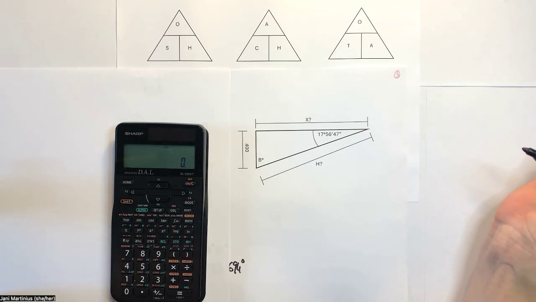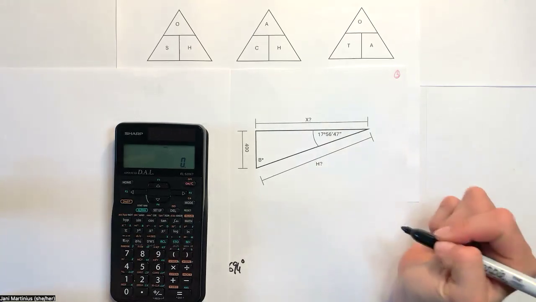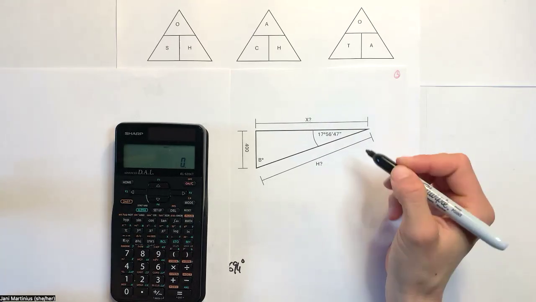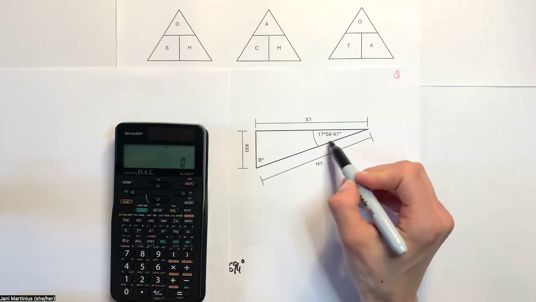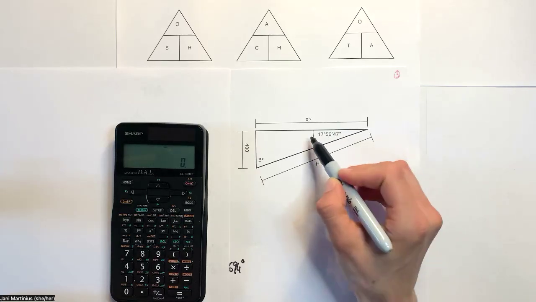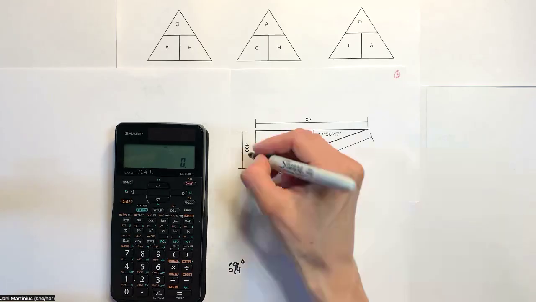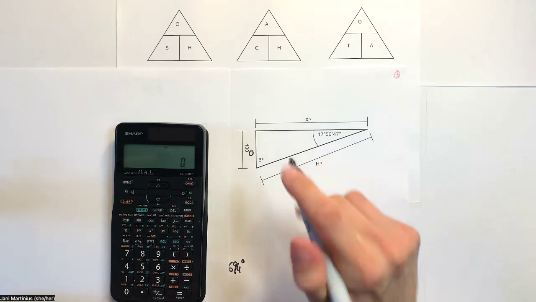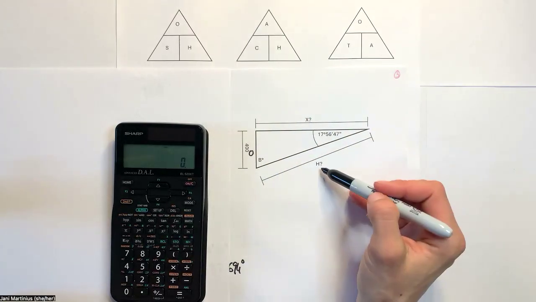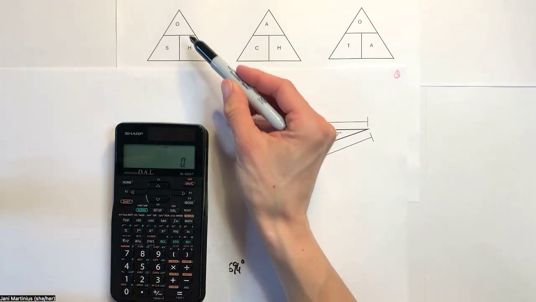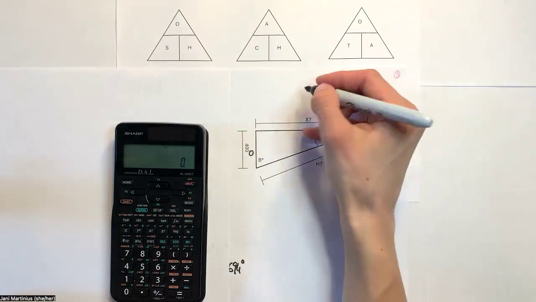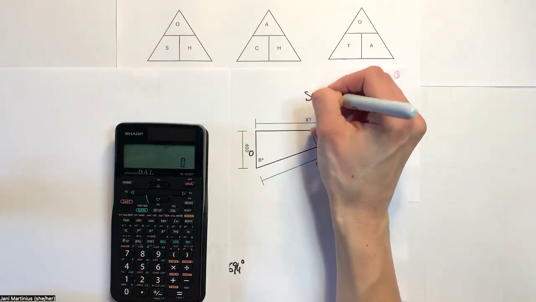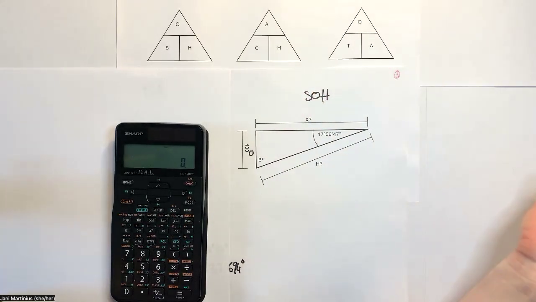So what if we want to find the hypotenuse first? We have an angle. That means this side would be an opposite, and this is a hypotenuse. So looking at our triangles, opposite and hypotenuse leaves us with the sine. Always write that in.